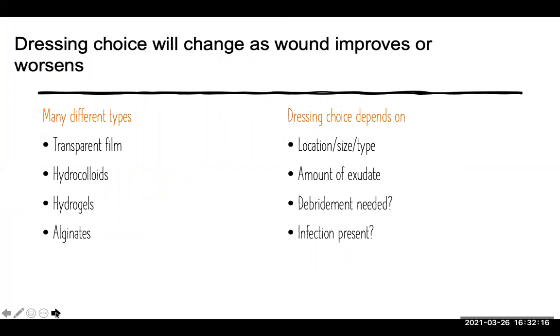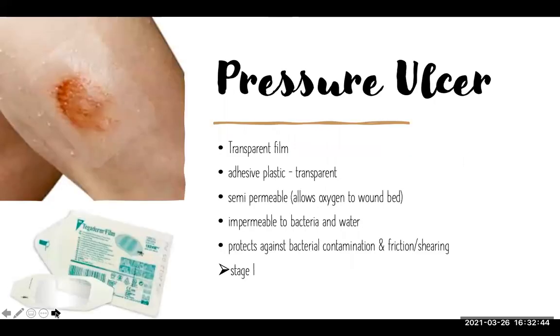So transparent film, hydrocolloids, hydrogels, and alginates, we've already mentioned all these types of dressings and examples of when to use them. So pay attention to the type of wound and what type of dressing is needed for that wound. Dressing choice depends on the location, size, and type, the amount of exudate, the need for debridement, and the presence of infection. Okay, all those things we went over already.